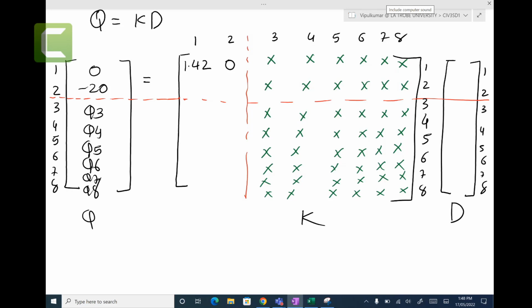So 1.42 here. 0 here as well. 0.48. Here, negative 0.56. 0, 0, 0. Negative 0.43.